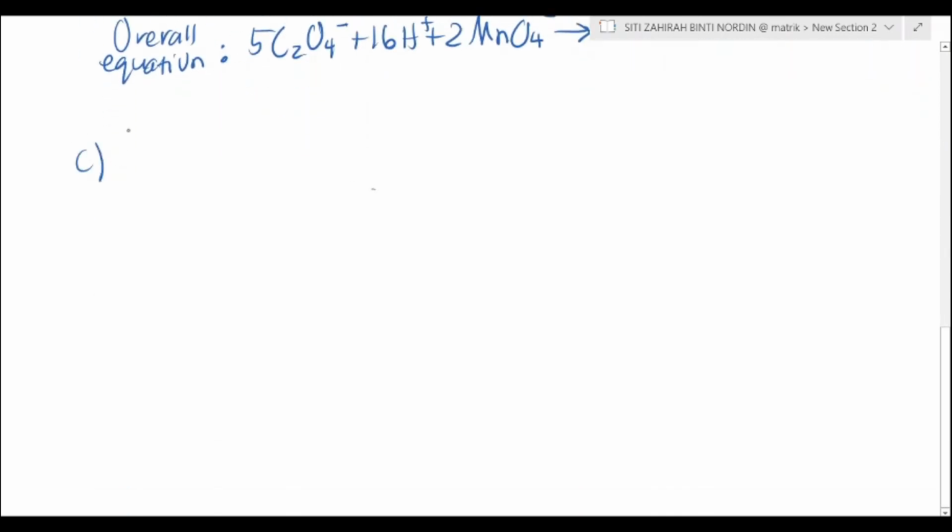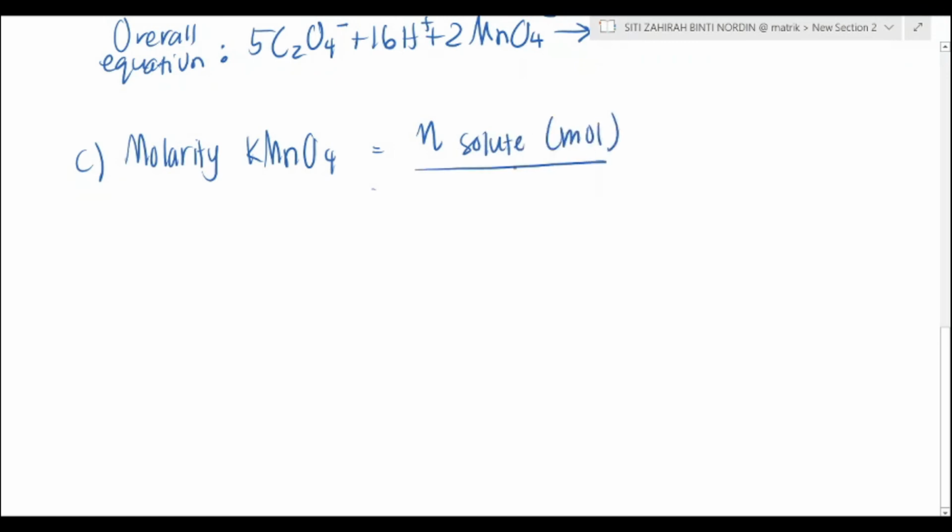The molarity of KMnO4 will be mole of solute divided by volume of solution in liter.